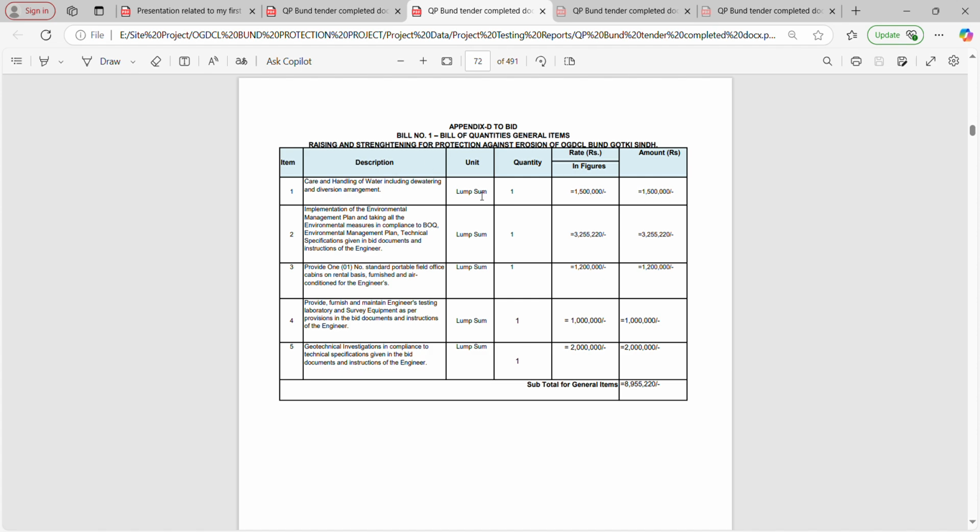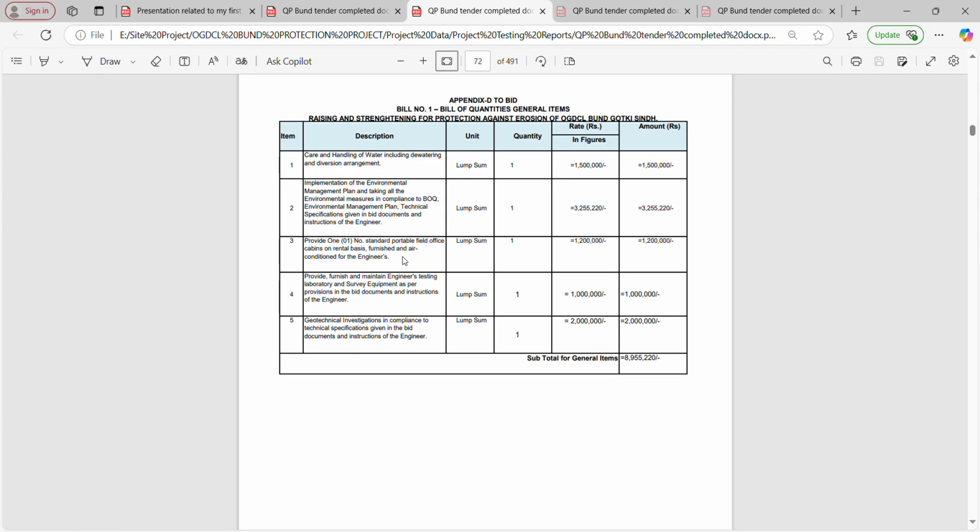Bill 1 is related to all lump sum items, which contain 5 items: water handling, dewatering arrangement, environmental management plan, a site office for the consultants, and similarly laboratory testing and surveying equipment, and geotechnical site investigation.